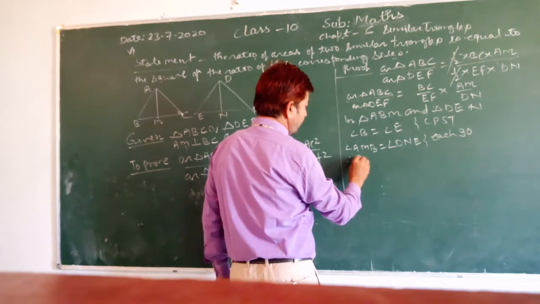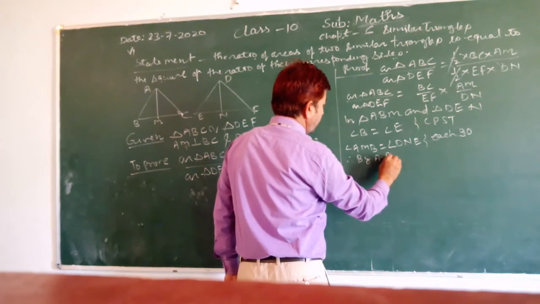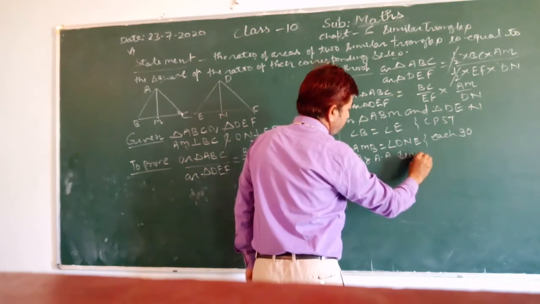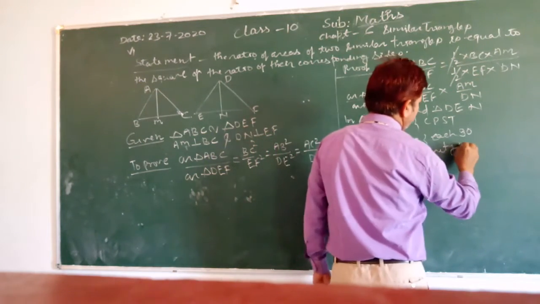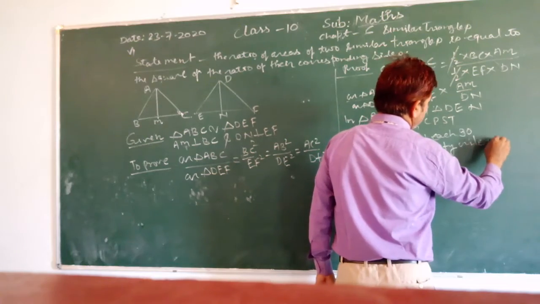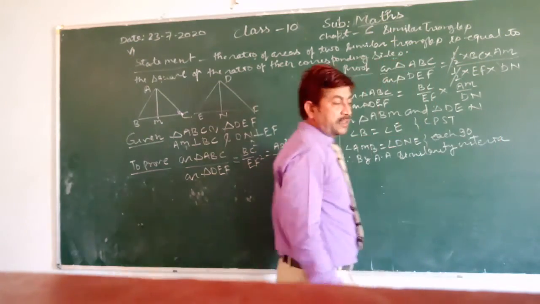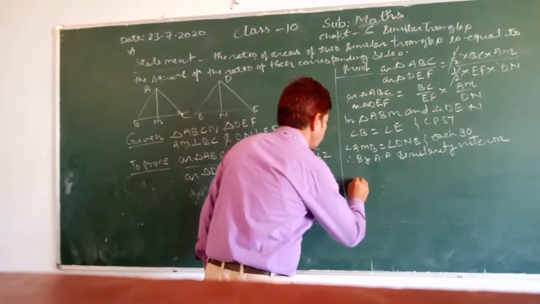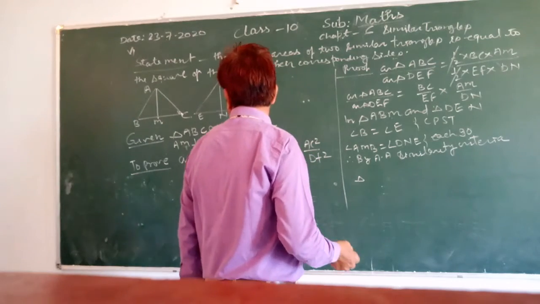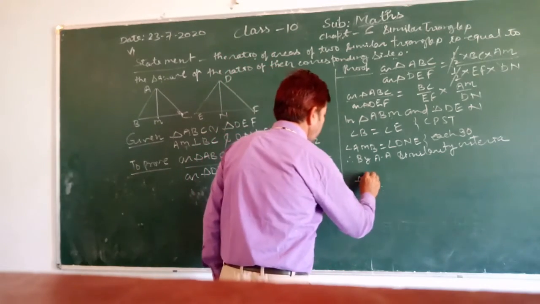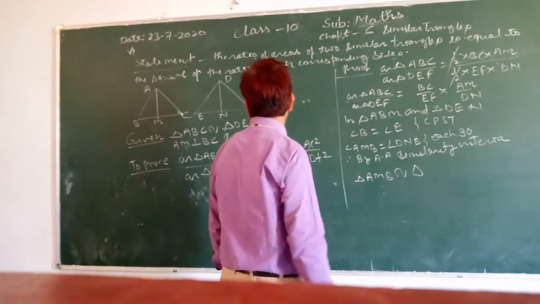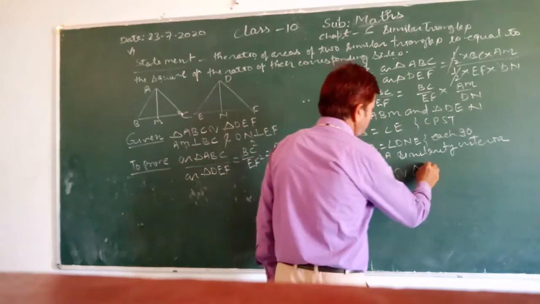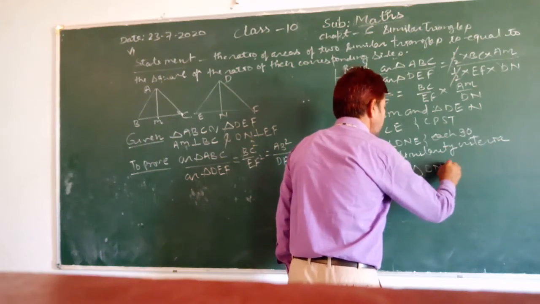Therefore, by AA similarity criteria, triangle AMB is similar to triangle DNE.